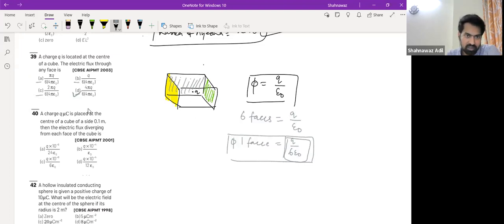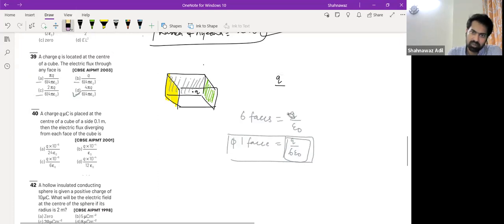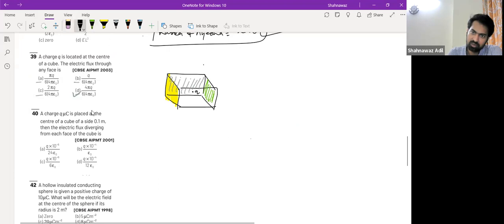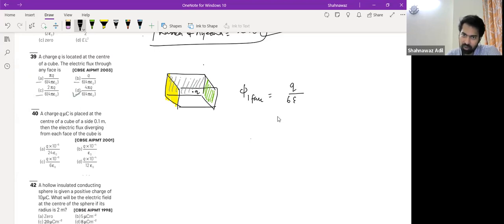This is the same question as the 39th one. A charge q microcoulomb is placed at the center of a cube of side 0.1 meter, then the electric flux diverging from each face of the cube is? That would be one face, q by 6 epsilon.